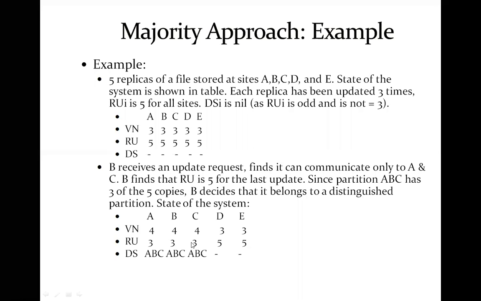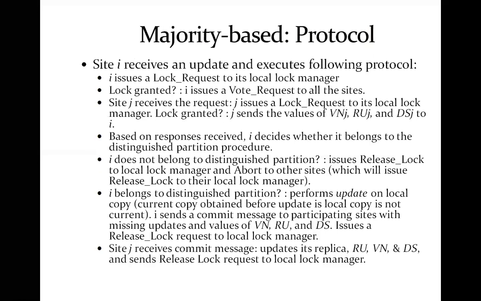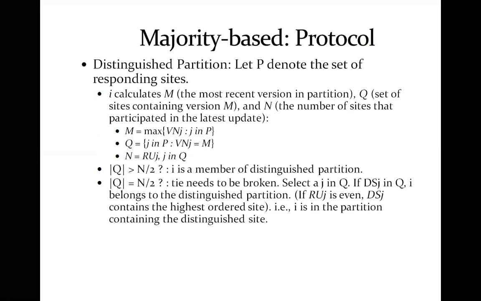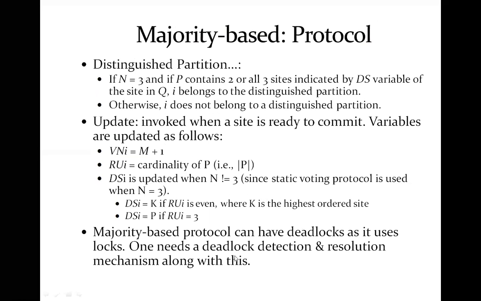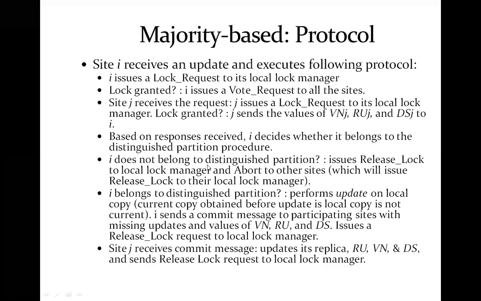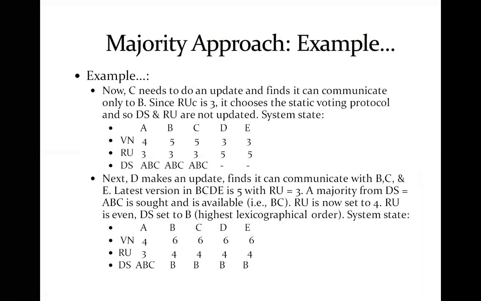Since RU is 3, Vn will be incremented by 1 and RU will be the cardinality of P. So what will be the cardinality of P? The cardinality of P is 3.